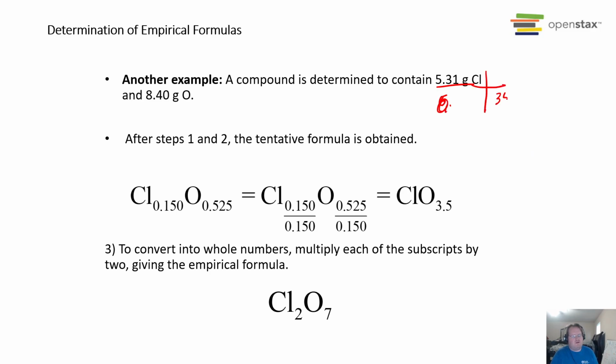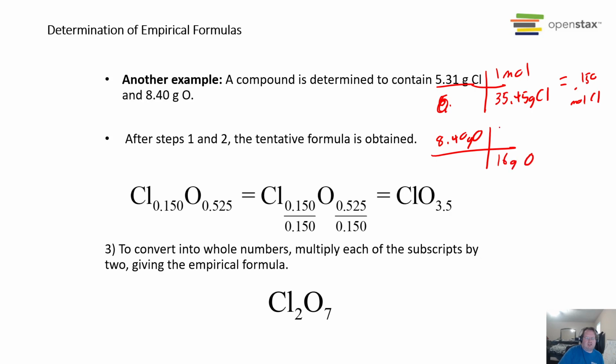You have 35.45 grams of chlorine per 1 mole. 5.31 divided by 35.45 will give you 0.150 moles of chlorine. And then your 8.40 grams of oxygen, you've got 16 grams of oxygen is 1 mole. So 8.4 divided by 16 is going to give you 0.525 moles oxygen.